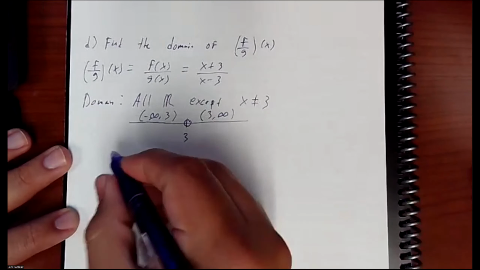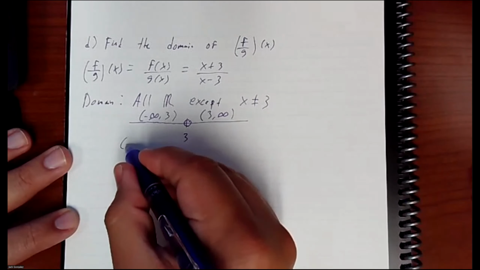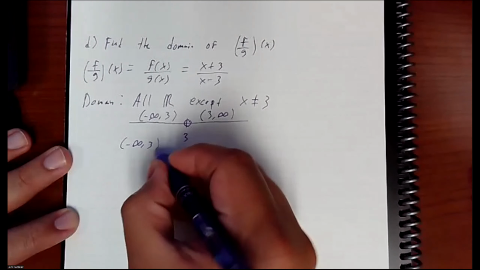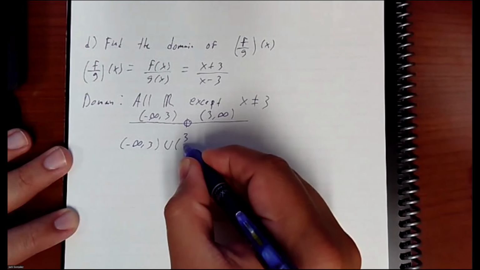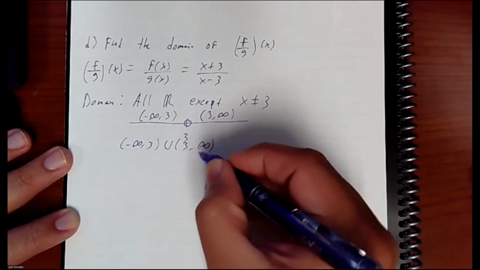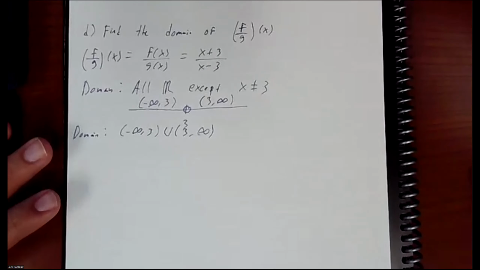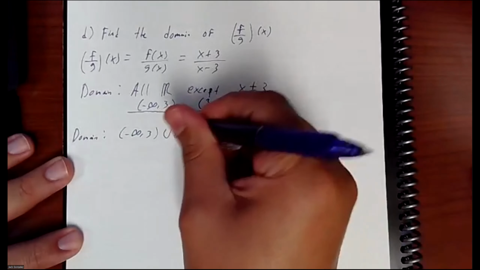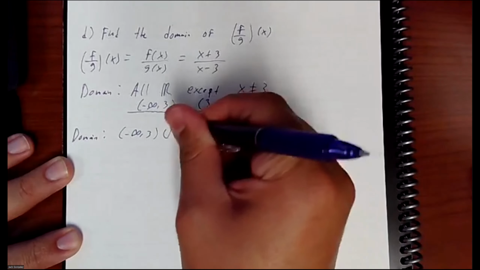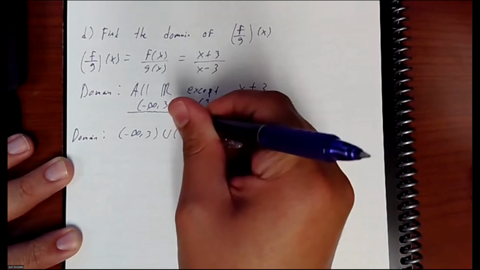So you would write this as negative infinity to 3 union 3 to infinity. This is the domain as an interval. It's using this drawing here. That make more sense?